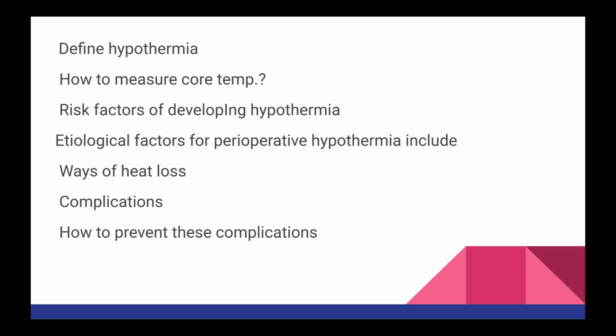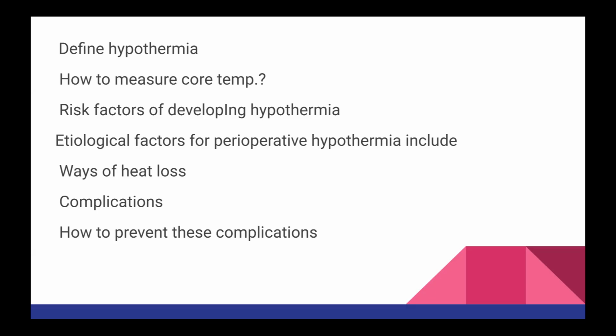And the patient can also go into acidosis. Then, since the patient is under general anesthesia, there could be delay in recovery from the anesthesia. The wound healing can also be delayed. There could be chances of wound infection, and the patient can also have shivering to increase the body temperature.